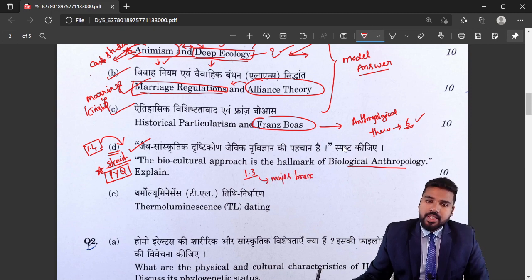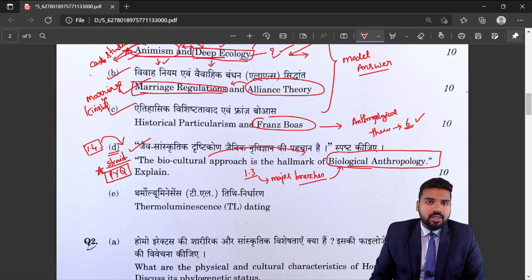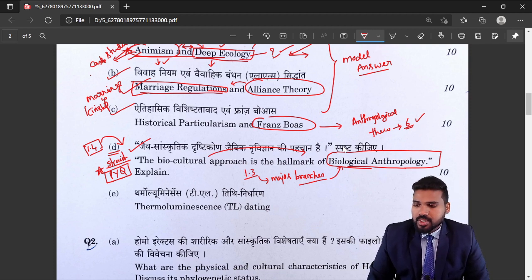So there physical anthropology or biological anthropology is one of the major branches. So how this is linked with the biocultural approach. Okay, see here biocultural factors in the evolution of the man you have studied in 1.4. So once again there is integration of these two topics and the question has been framed. This is one thing that we are getting constantly in the UPSC examination.